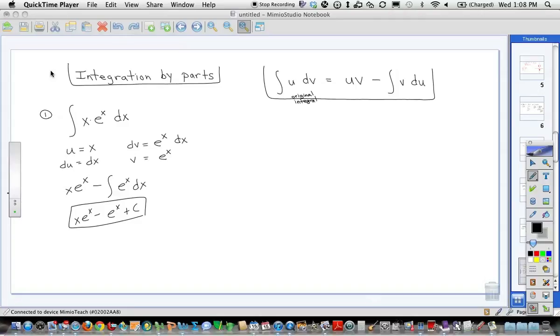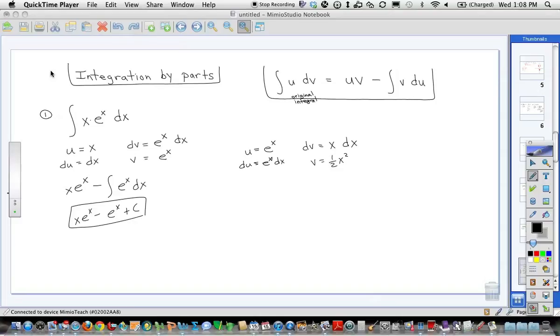Now, don't write this part down, but what if we had done that backwards? What if we had let u equal e to the x and dv be x dx? Watch what happens. The du would be e to the x dx. The v would be 1/2 x squared.